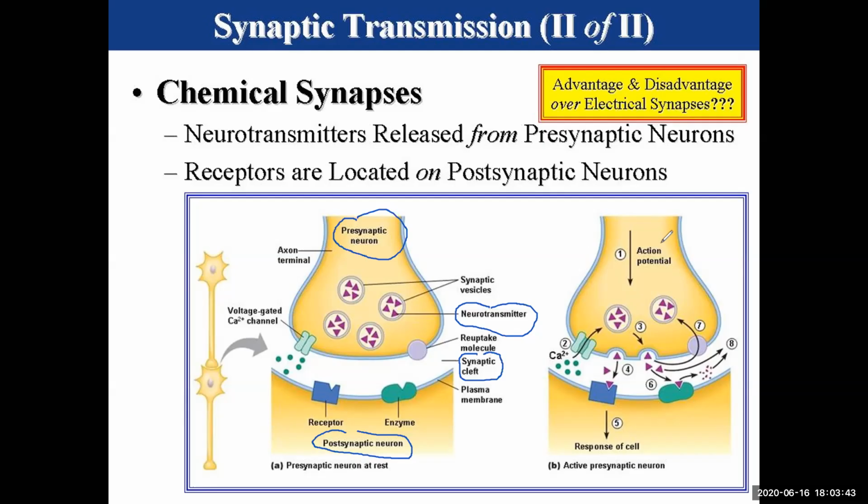And the action potential arrives here. So this is the AP. It arrives, it depolarizes the membrane, and that depolarization is picked up by a voltage sensitive calcium channel. Now again, change would gate it, right?